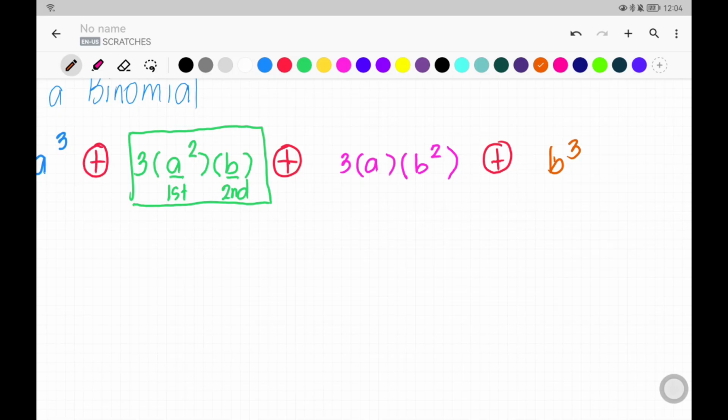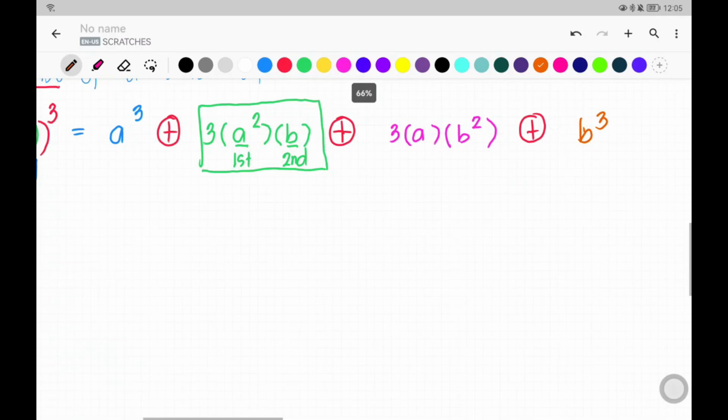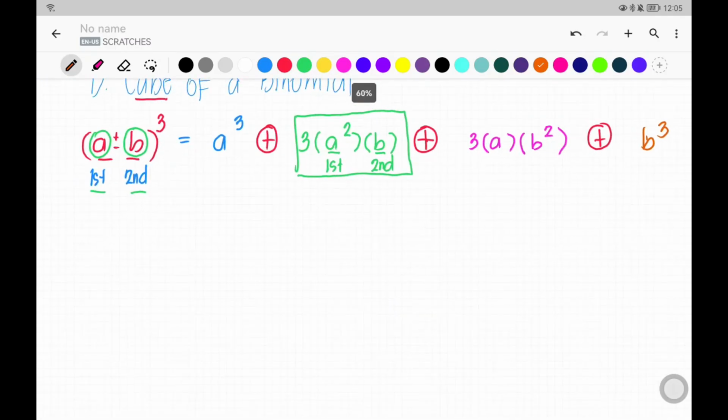Okay, para ma-gets talaga natin. Right. So, we are going to have the following example. Let's find the cube of 3a minus 2. Okay, yan. So, first, we cube the first term. Kunin muna natin. Ito yung first term natin. Ito yung second term natin.